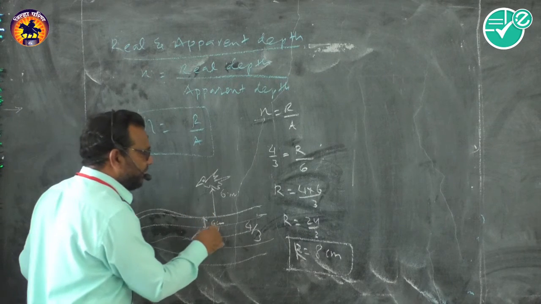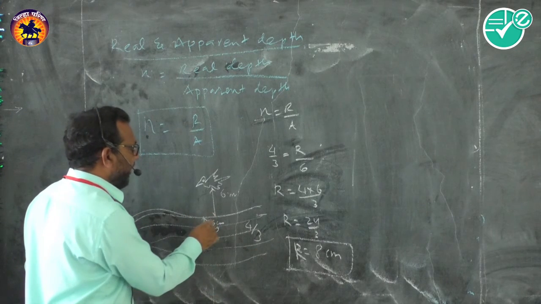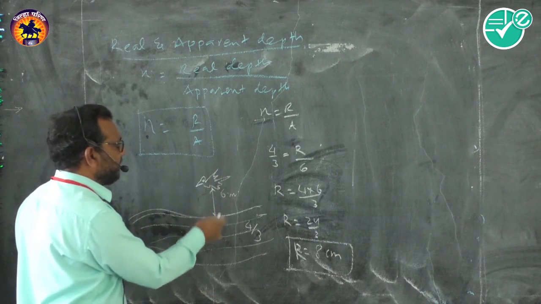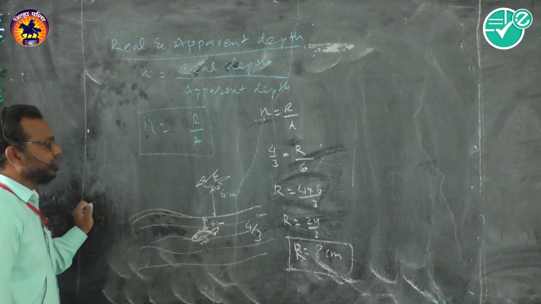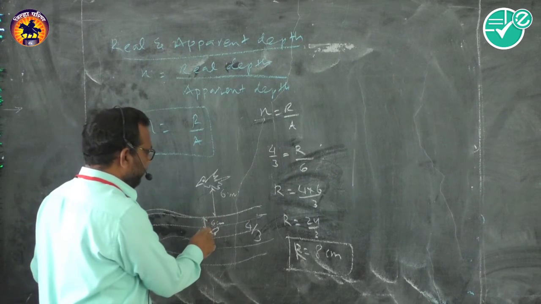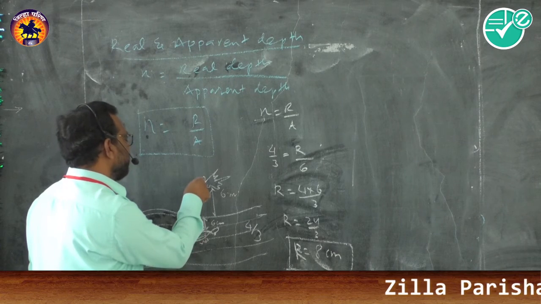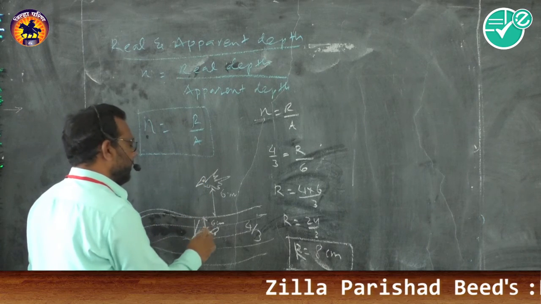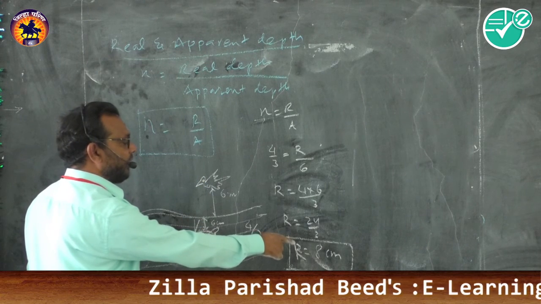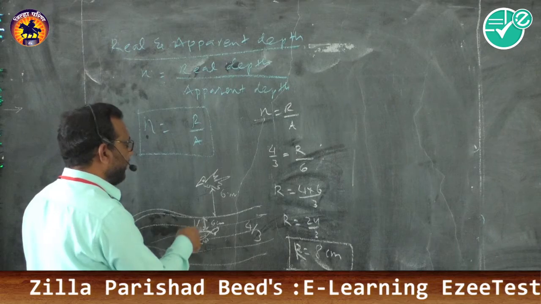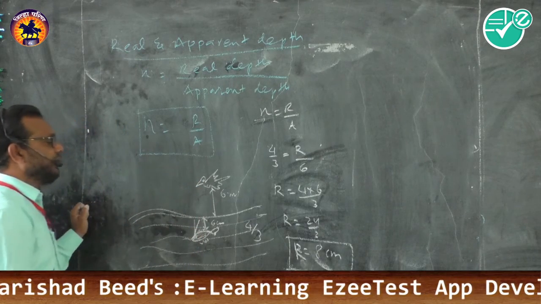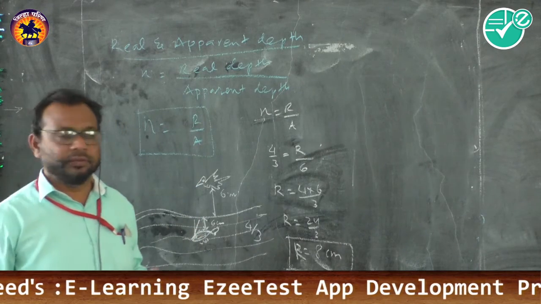So its real depth is 8 centimeter and the apparent depth which is felt by the crane is 6 centimeter. So to pick up this fish, the crane has to insert its beak into the water up to 6 centimeter, and then the crane can pick up that fish.